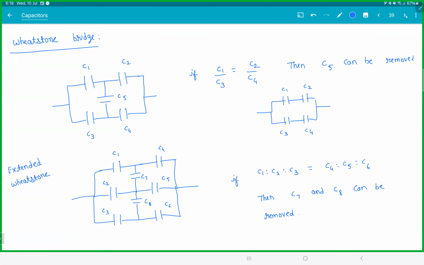So there: parallel, series, and Wheatstone bridge. Clear?